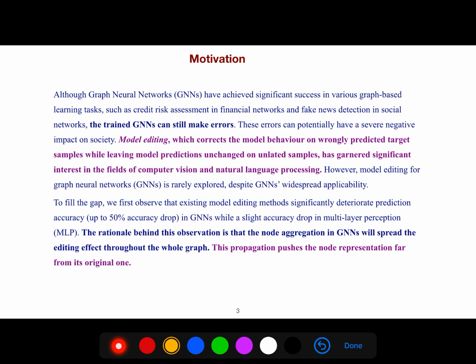The rationale behind this observation is that the node aggregation in graph neural networks will spread editing effect throughout the whole graph. This propagation pushes the node representation far from its original one.